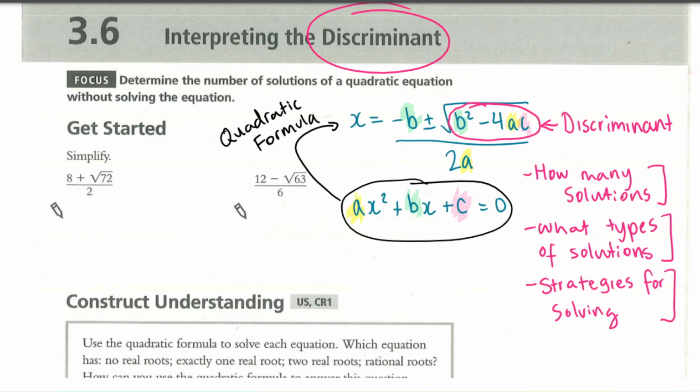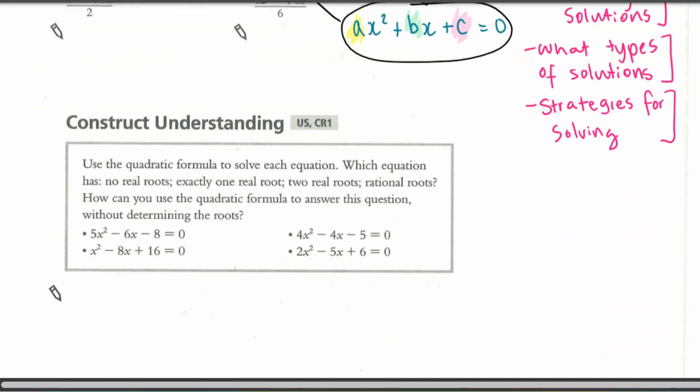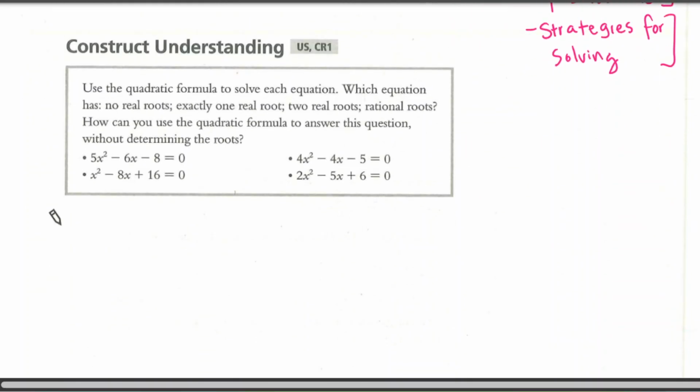Okay, so let's go ahead and start with just two warm-up questions because it'll motivate how we might use the discriminant in the future questions that we'll do. So we're going to do these two here, and we're going to start by solving using the quadratic formula. I'm just going to highlight the A, the B, and the C here. So A is 1, B is negative 8 in this example, and C is 16.